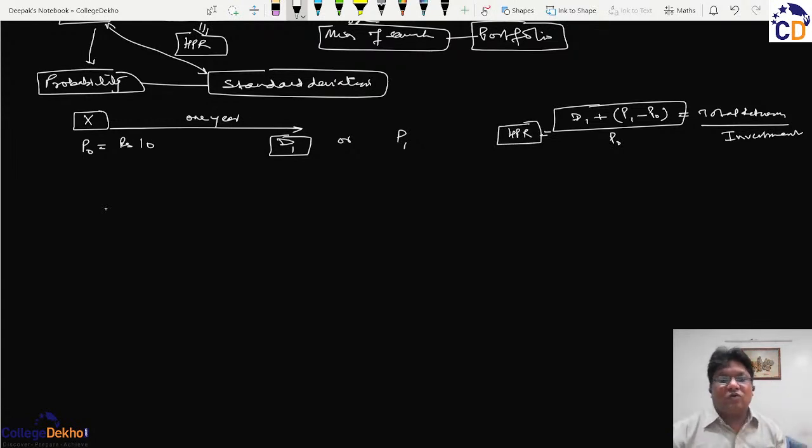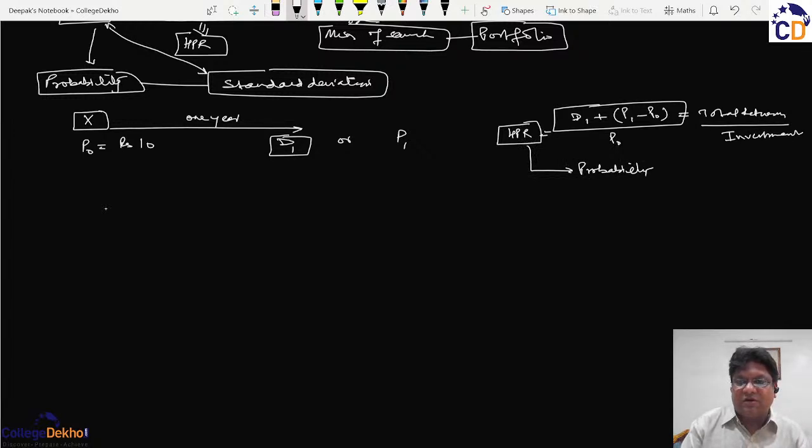The concept of HPR is already discussed, but what is the probability of generating the HPR that prompts you to make an investment decision? Meaning, if you say your HPR is 14%, are you 100% sure? If you are 100% sure, it denotes 100% probability, and the risk looks to be nil.